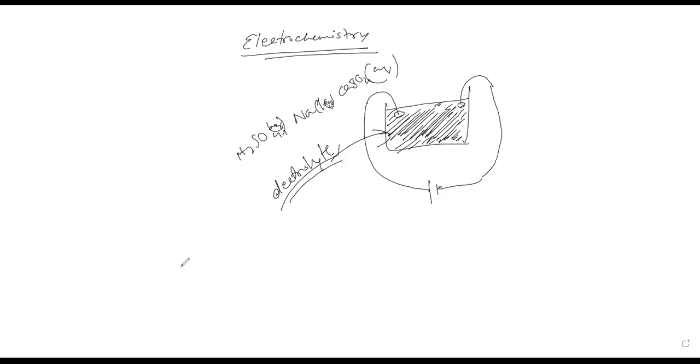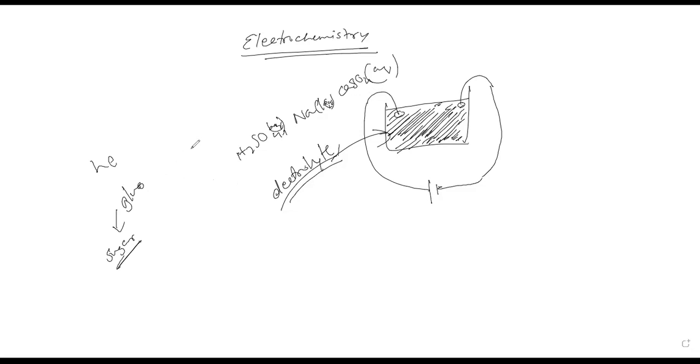Non-electrolytes could be, for example, sugar solution. Sugar contains glucose, and starch. Those are simple covalent molecular substances which do not form ions. Then we have hexane, methane, ethane, or ethanol.